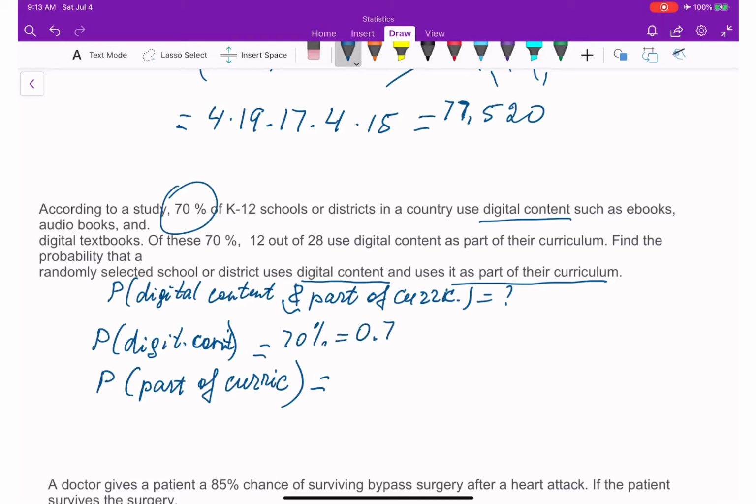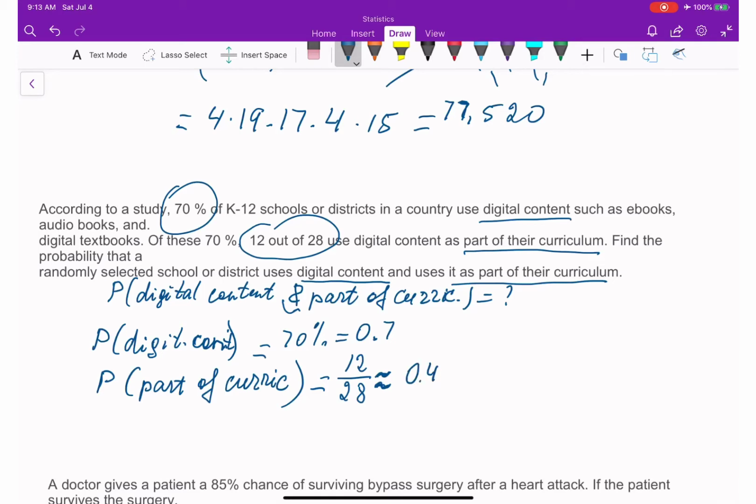Now, what's the probability that they use it as part of their curriculum? 12 out of 28 use digital content as a part of their curriculum, so 12 divided by 28 is approximately 0.43. When it's an approximate answer, you use the tilde symbol, meaning not exact, just about.